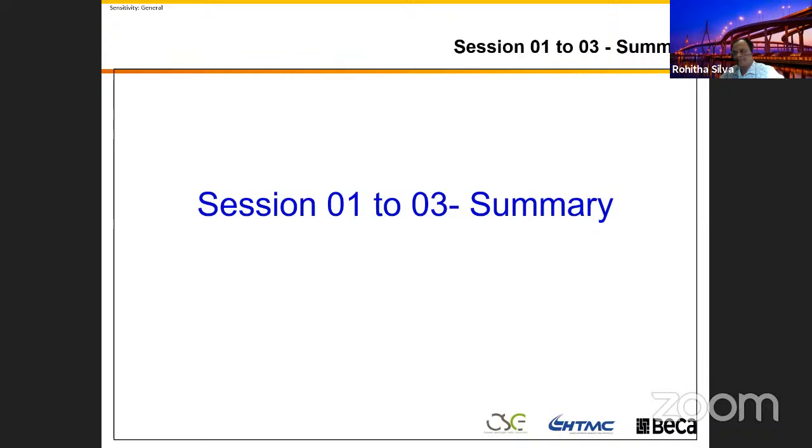The reason I want you to do that exercise is for you to understand that when you are designing a bridge, it is quite different to the other structures you design. But most likely, I will give this one this weekend, so you've got time to solve this one. So then we'll start today's session number 4.